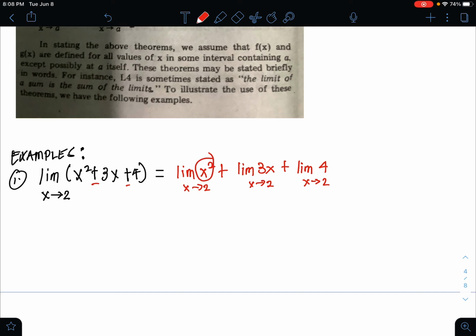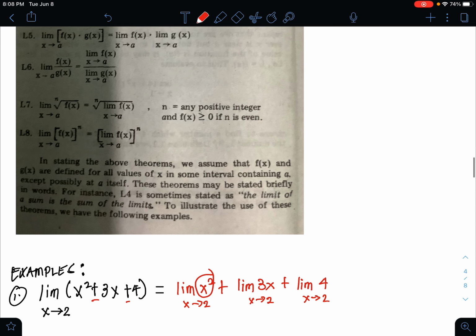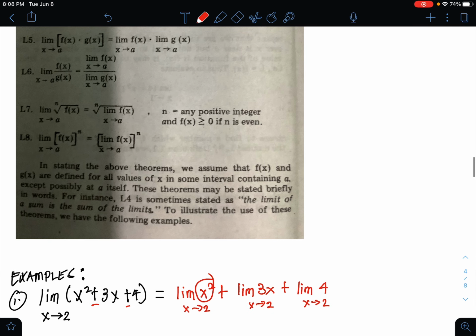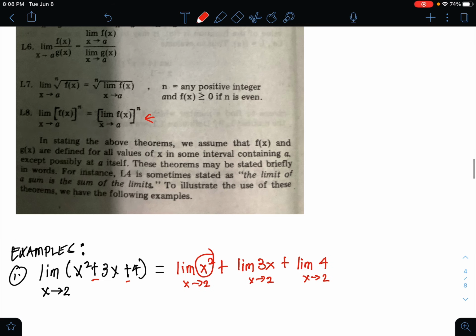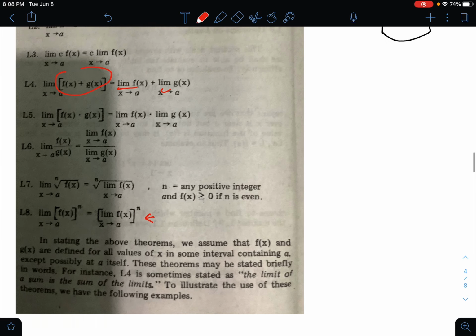This one, as you can see, the limit of x squared can be written according to L8. It can be written as the limit of x squared as x approaches 2, plus this one by theorem number 3.